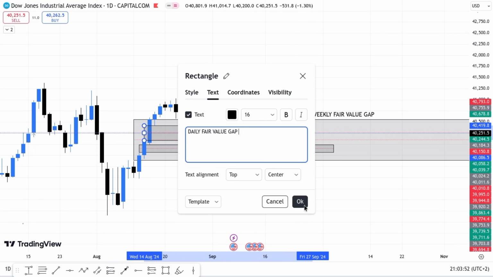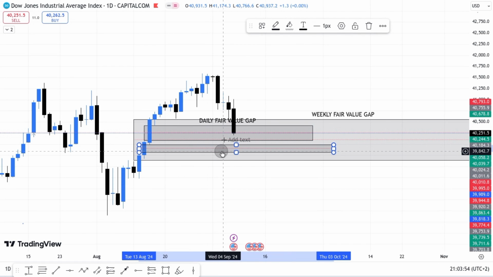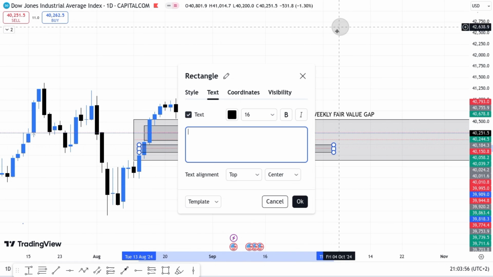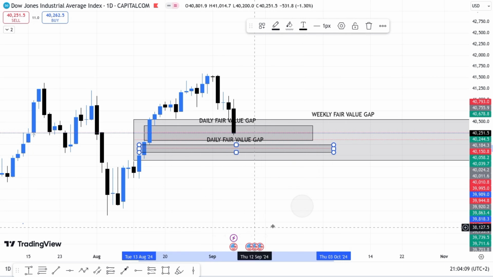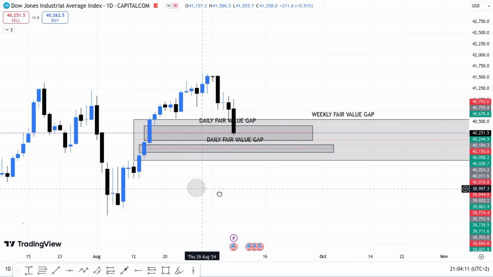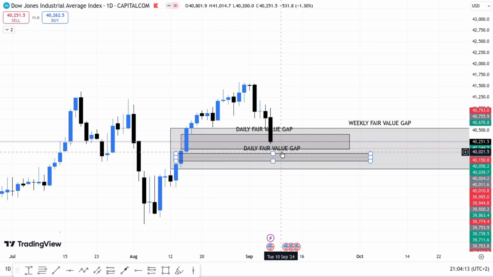Hopefully we will see what happens if price does respect it, and then we'll get our entry sometime in the week. So we have our two fair value gaps, this one and this one.